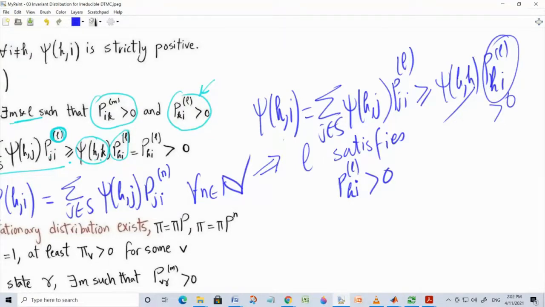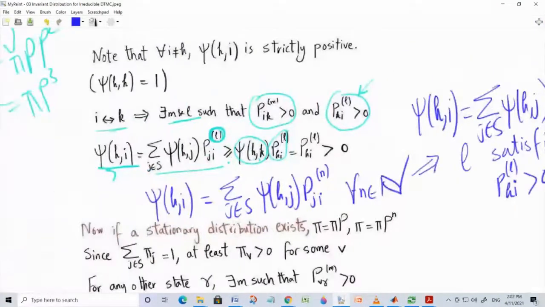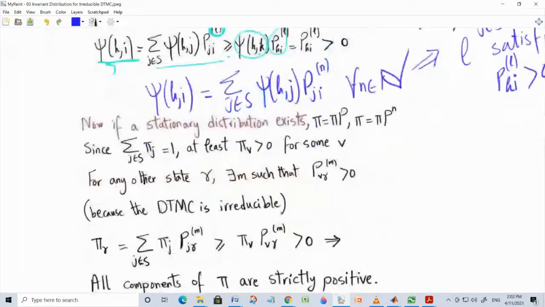And in fact, if k is aperiodic, every other state will be aperiodic. And if k is periodic with a certain period, every other state will be periodic with that period. Now, we are also saying that there exists a strictly positive stationary distribution. Okay?